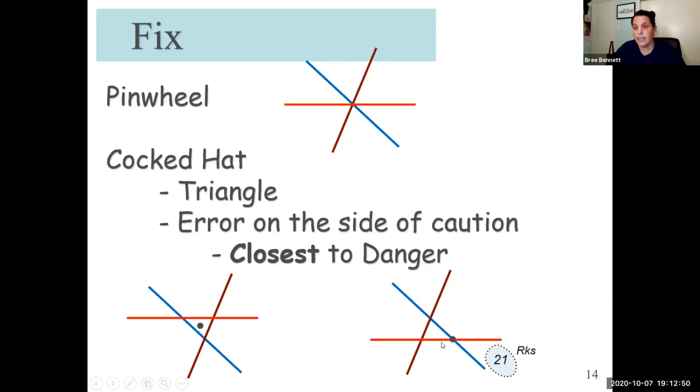So then I can navigate away from it or take appropriate action not to hit that danger, whatever it is, land, whatever it is. So if you get a cocked hat, which most of us will, you can use your own judgment as a navigator. It is the art of navigation, or err on the side of caution, wherever that caution is.